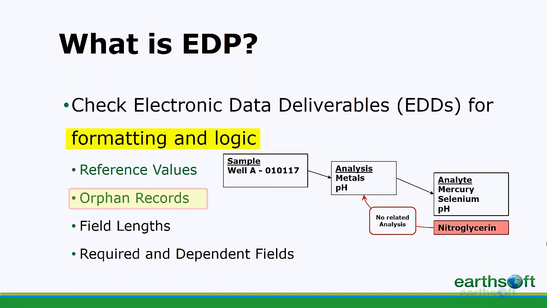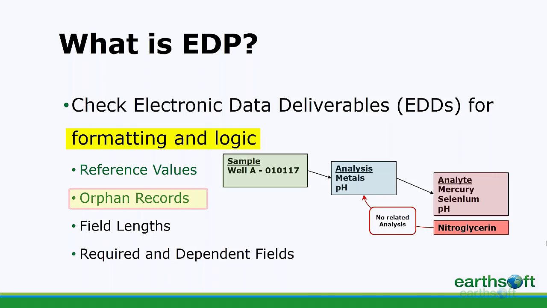The next item that EDP will check for will be orphan records. We want to make sure that each sample has an associated analysis and each analysis has an associated analyte that makes sense. In this example, we have metals and pH. We have mercury and selenium, which go great with our metals. We have a pH reading, which goes great with our pH analysis. But EDP sees nitroglycerin over on the right-hand side, and it does not see a related analysis.